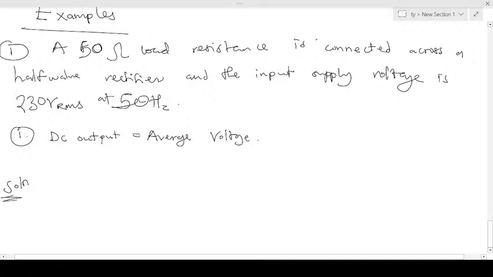So if you want to find the DC output, we first have to find the secondary voltage. But first things first, let's draw the circuit. That's an important thing to always do before you progress in solving your equation. Be sure to draw a circuit.